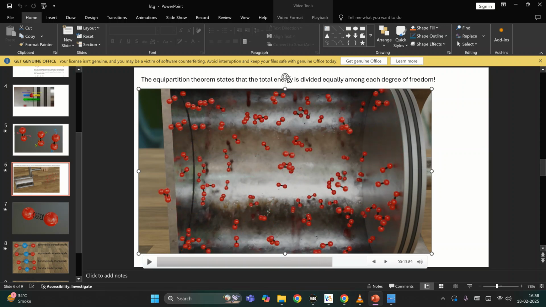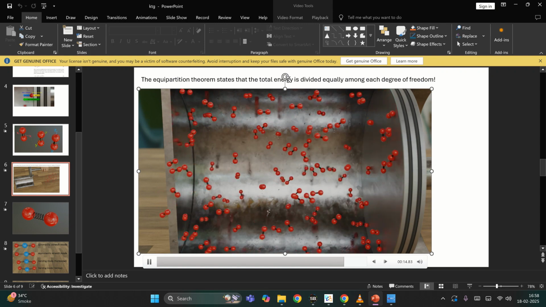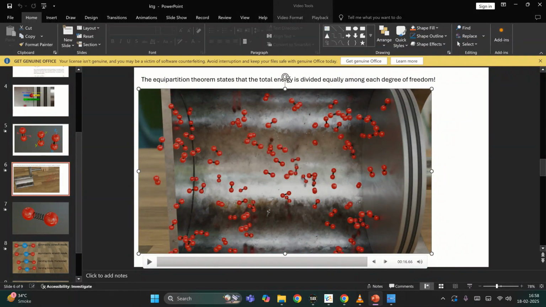These molecules can move as well as rotate. They can move also and they can rotate also. So the question is, what is the relation between the translational energy and rotational energy? They are moving as well and rotating as well.